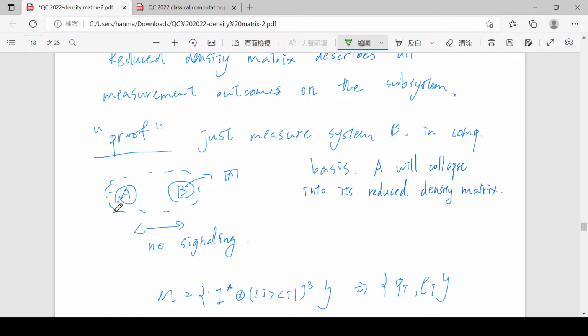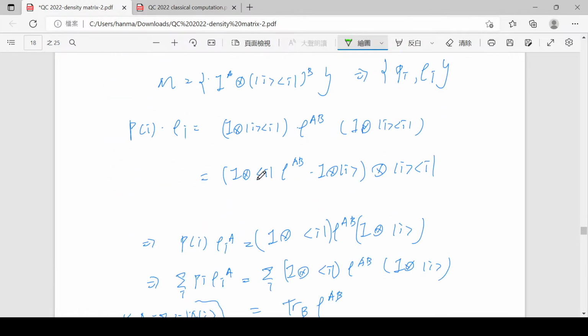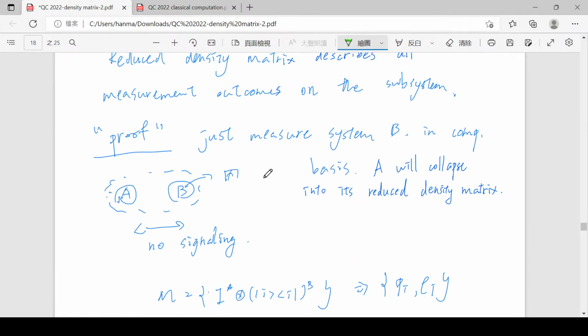Then we say the partial trace describes everything you can do on system A, and here we give a physically motivated proof. This is not quite rigorous, but it's quite intuitive.